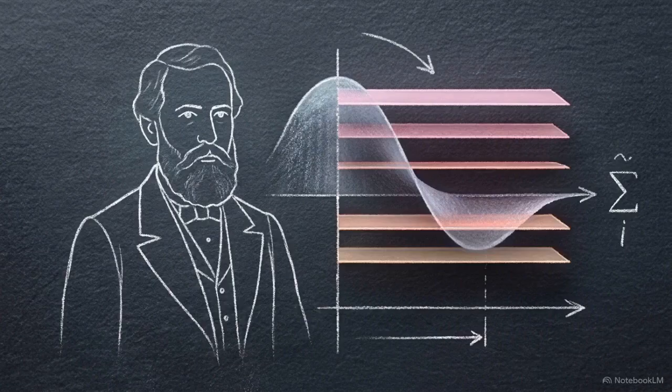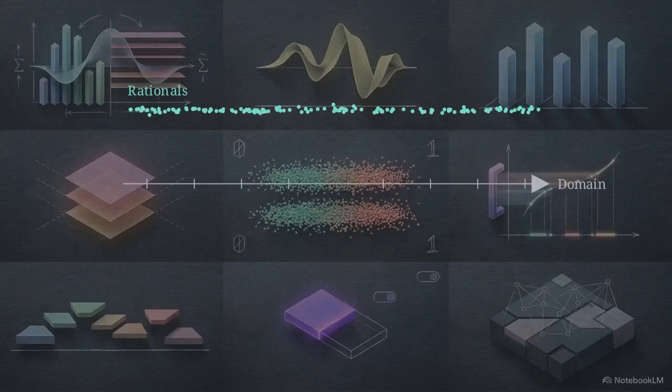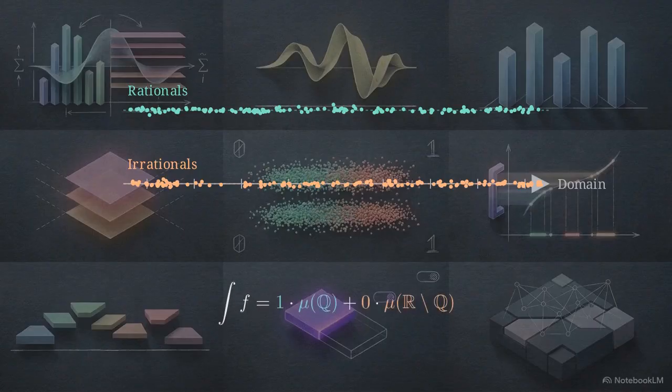We can now evaluate the Dirichlet function, which takes the value of 1 on rational numbers and 0 on irrational numbers. Under Lebesgue's rules, the Dirichlet function is a standard simple function taking only two values, 1 and 0. We group the domain into the set of rational numbers and the set of irrationals and multiply each by their height.